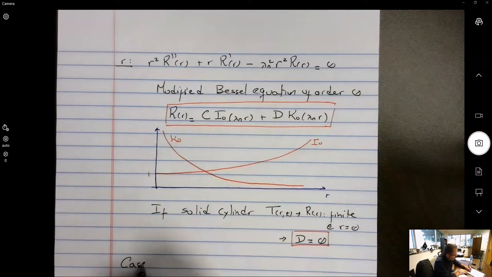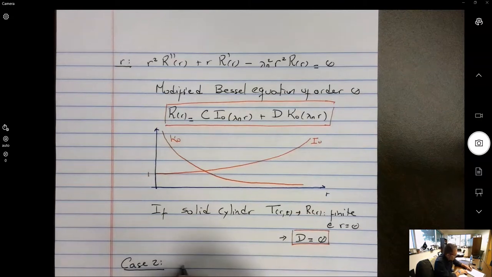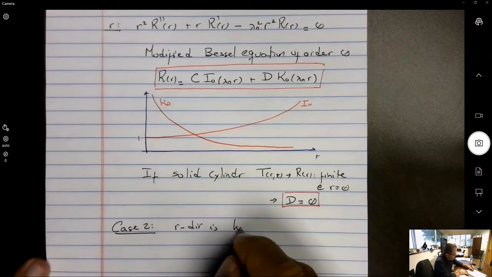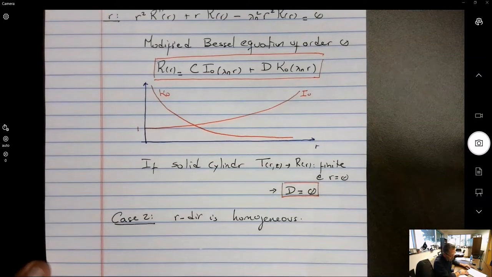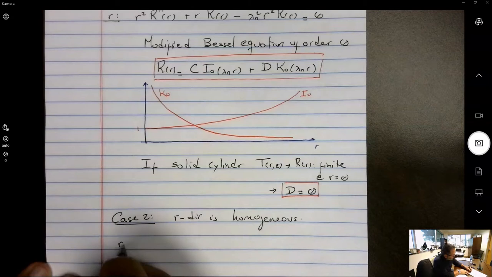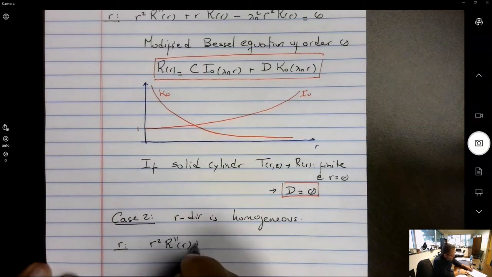Now, case 2, remember, the R direction is homogeneous. If the R direction is homogeneous, we pick the minus sign of the separation constant. And if we pick the minus sign of the separation constant, the equation that results is this.